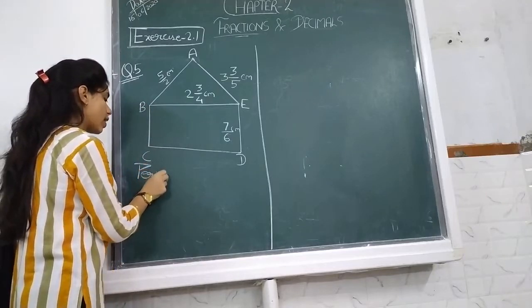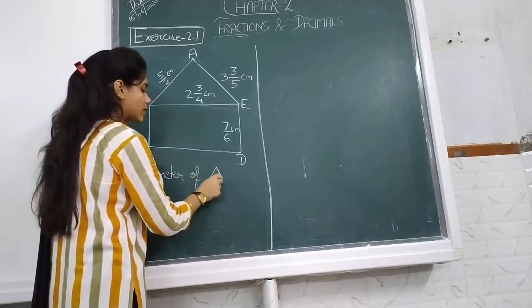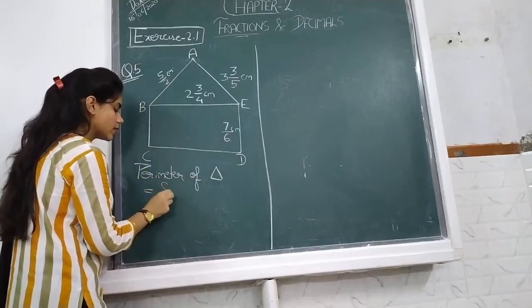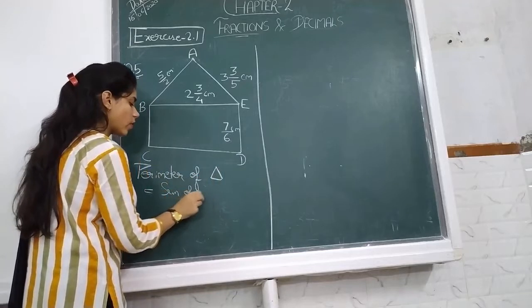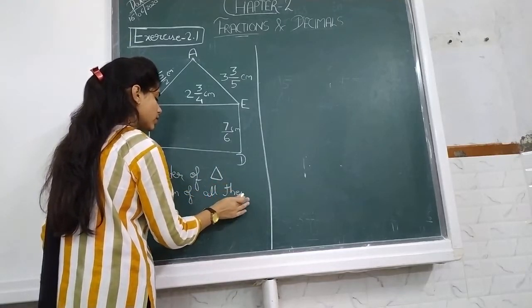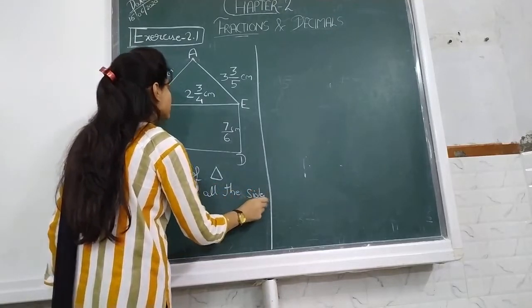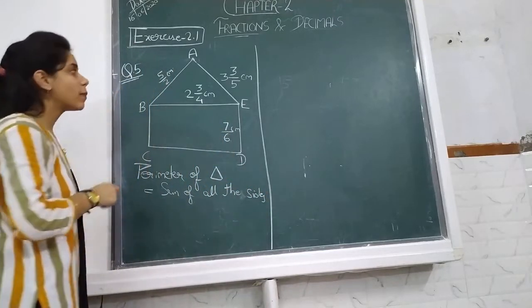The perimeter of a triangle is the sum of all sides. Sum of all sides means, I already explained what perimeter is.